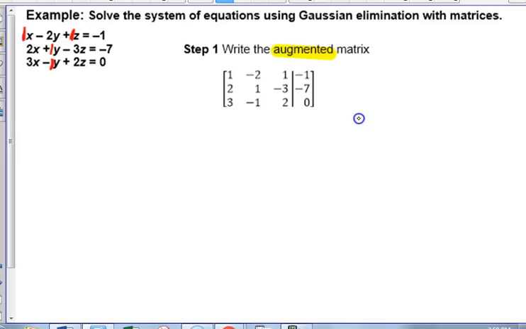Okay. So all of the x's are in column 1, the y's in column 2, the z's in column 3, and what the answer was to the equation is over here in column 4. So we ended up with a 3 by 4 augmented matrix that is equivalent to this system.